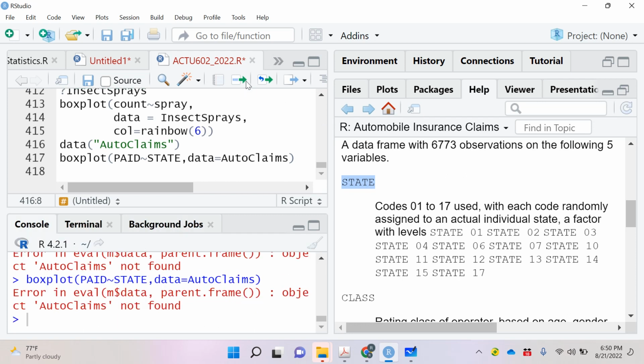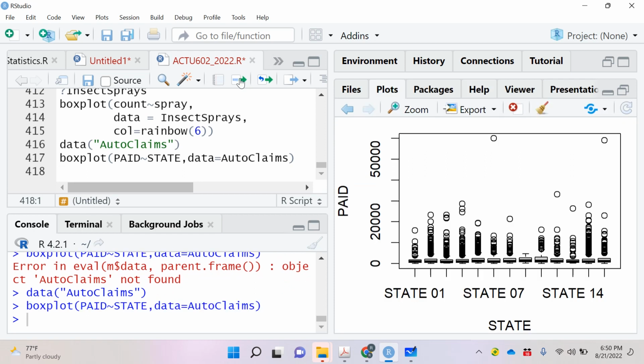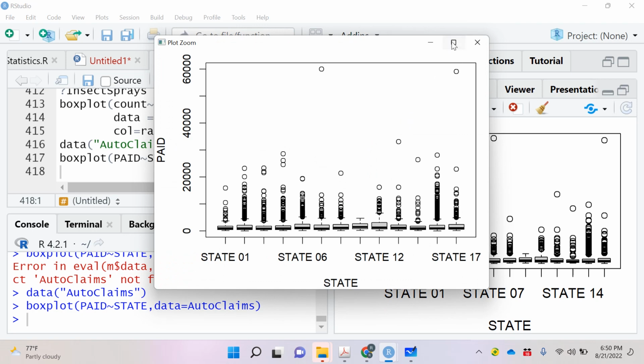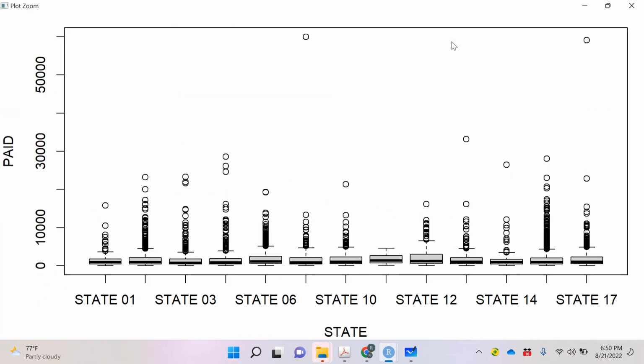Okay. So data, there. So have you seen? These are claims per state. And look at it. I have 17 states, so if I display this like this, it still takes some of the states out, right? Yes.